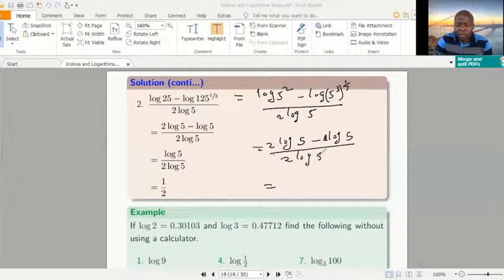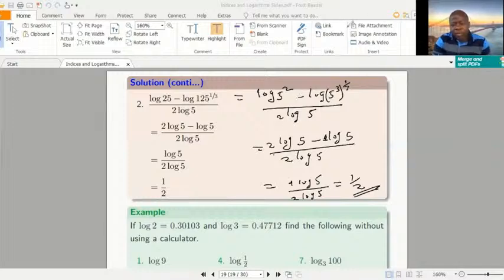And then you can now subtract 1 from 2 to get 1 log of 5. And this is 2 log of 5. Since you have log of 5 and log of 5, they can cancel out and you are left with a half as the answer.